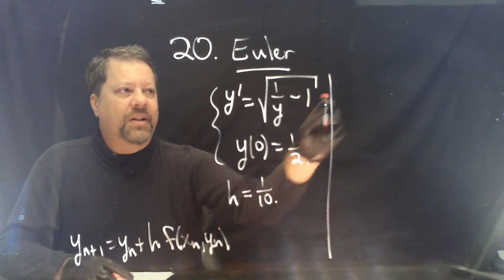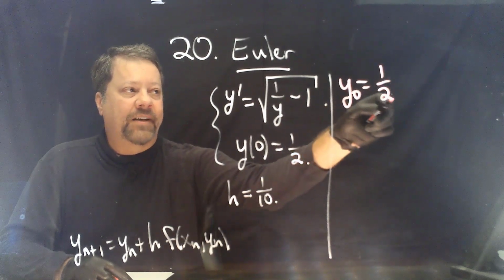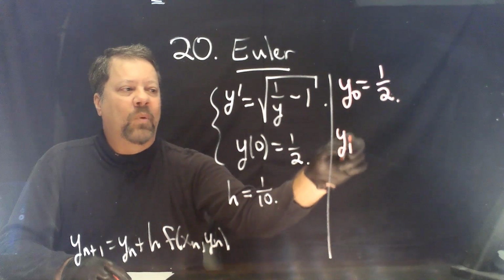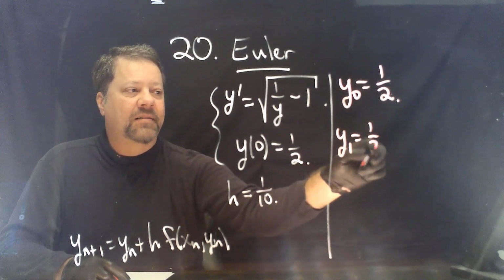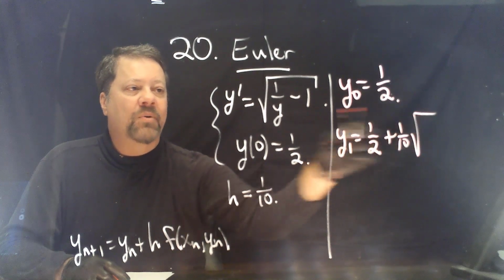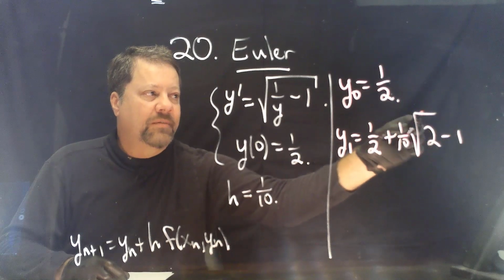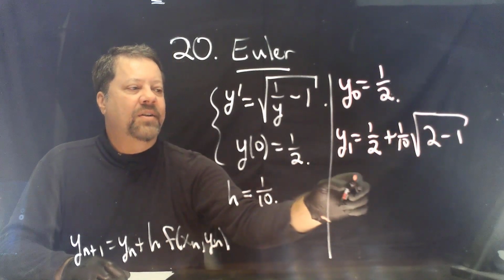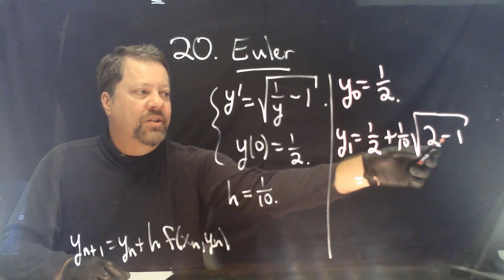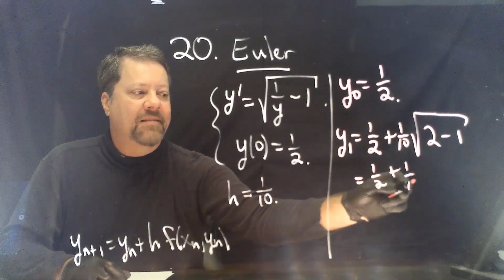We'll start by asserting that y0 is the initial data value. y1 will then be y0 plus 1/10 times the square root of 1 over 1/2 minus 1. And so simplifying this, 2 minus 1 is 1. We'll have 1/2 plus 1/10.